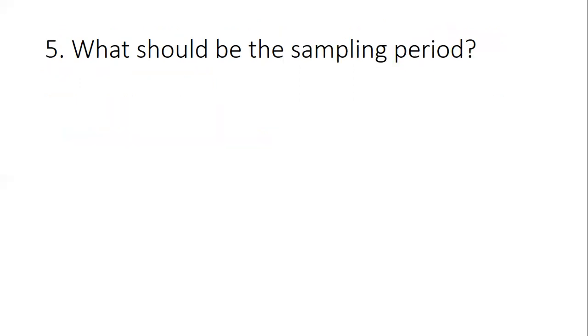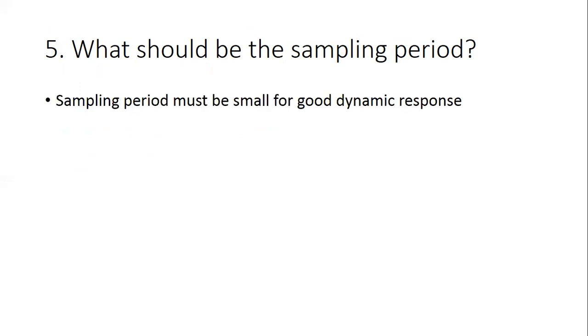Now the next question is, what should be the sampling period? Sampling period is very tricky. Of course, for a good simulation, for a very smooth curve, the sampling period should be very small. So you would like to keep it say 1 microsecond or 2 microseconds.